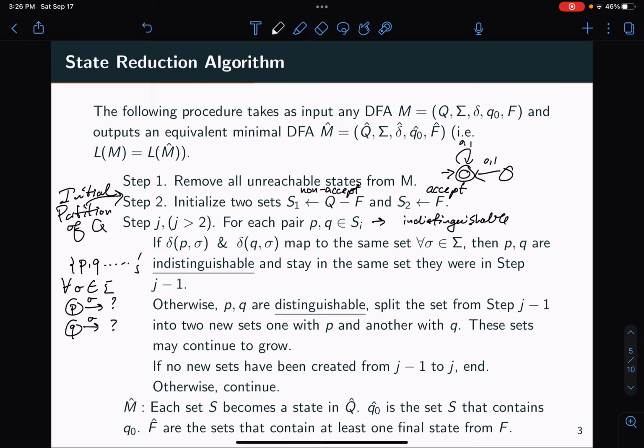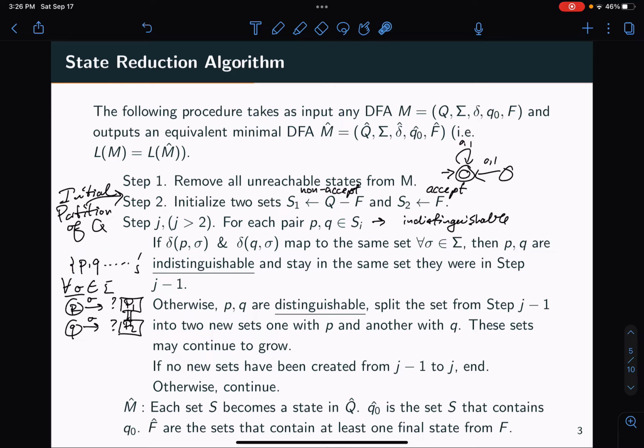If for each symbol I always go to the same partition, let's say partition 1, partition 2, and these are always the same for each symbol, then these two states are indistinguishable, and that means that they remain in the same partition.